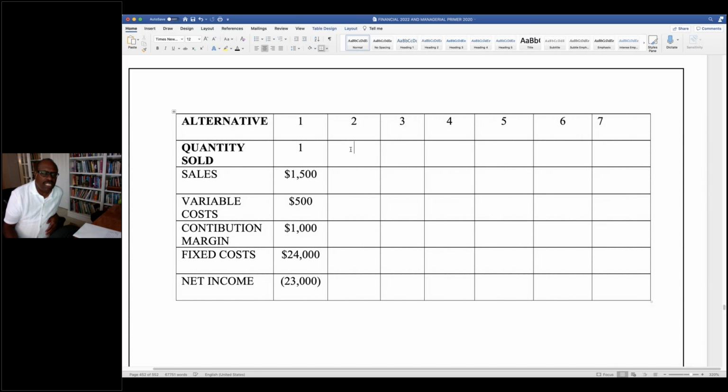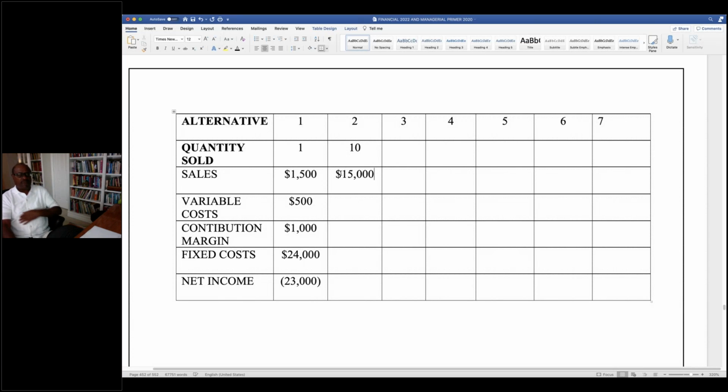Suppose we sold 10 items. So the quantity sold is 10 items. What's it going to look like now? Our sales will be 15,000.